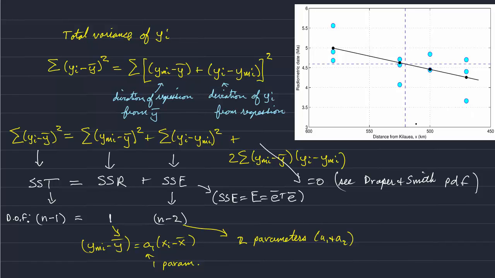The vertical dashed line shows where x bar is, and the horizontal dashed line shows where the mean value of y is. So the difference between each black dot and the horizontal line describes the deviation of the model from the mean value of y. And the difference between each data value and the dot describes the deviation of the data from the model.